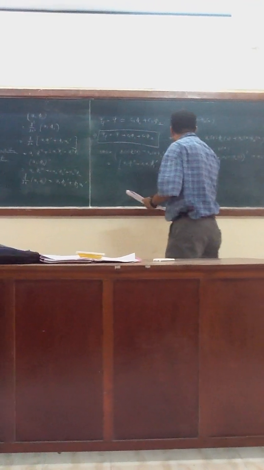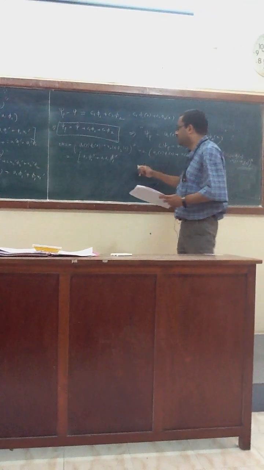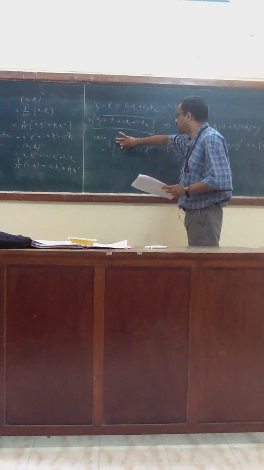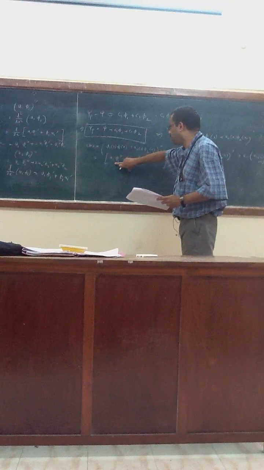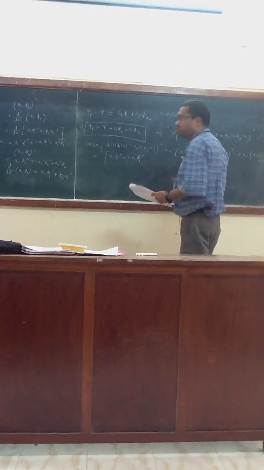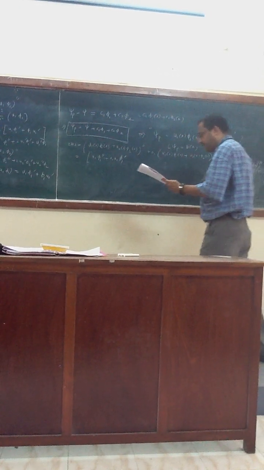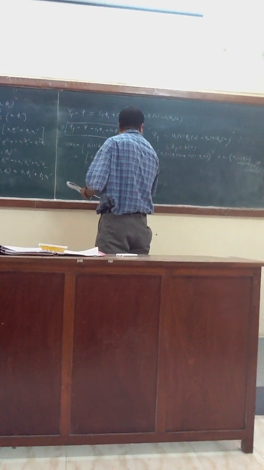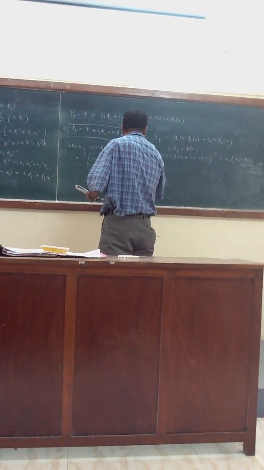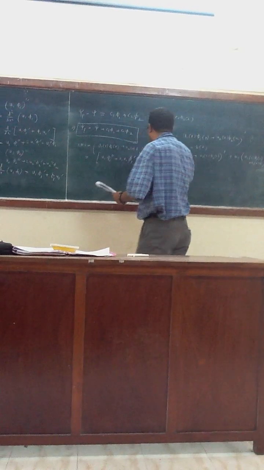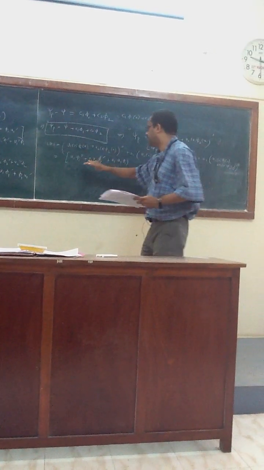So one such term I will pick up from here. So remember that these constitute three terms. I picked up one term from here. These constitute two terms. I picked up one term from here. Then I pick up one term from here, which is a2 u1 phi 1. So from each of these sets, one term has been picked up.